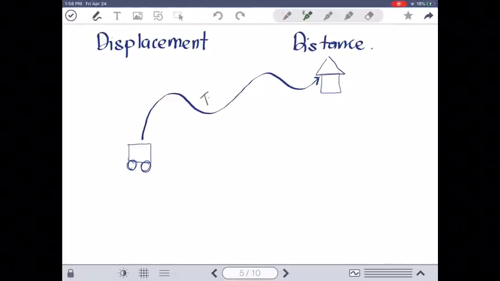So this is how much you travel, the total distance traveled, how much you move, how many kilometers, how many miles. So that is the total distance.